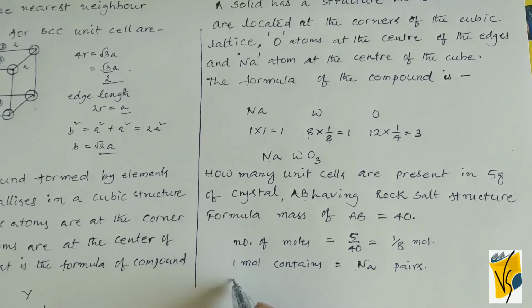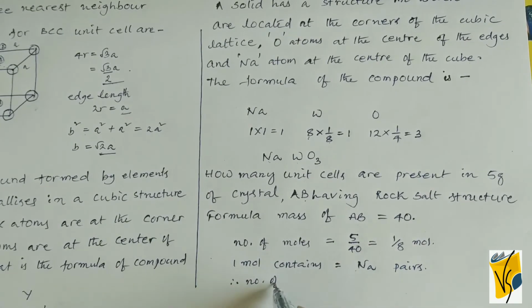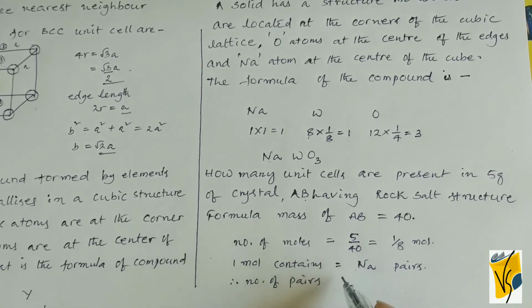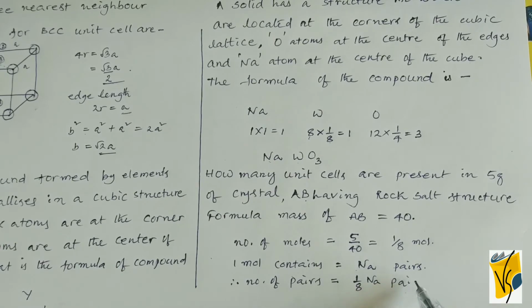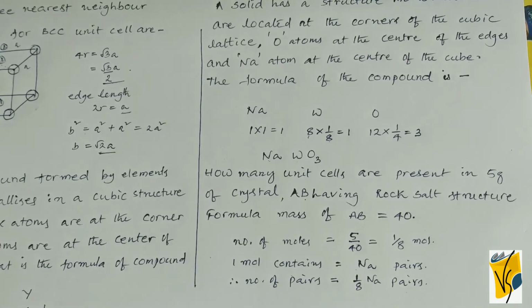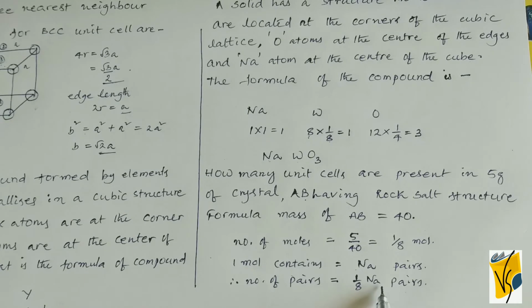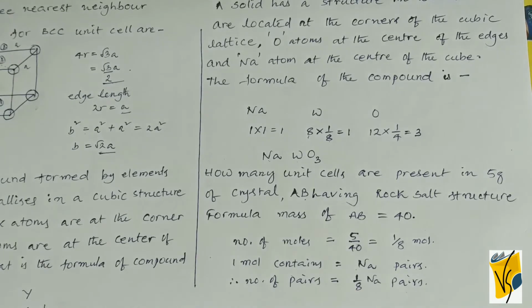The number of pairs present in 1 by 8 moles will be, for 1 mole these many, and for 1 by 8 moles, it is 1 by 8 into Na pairs. That is present in 1 by 8 mole of the crystal.